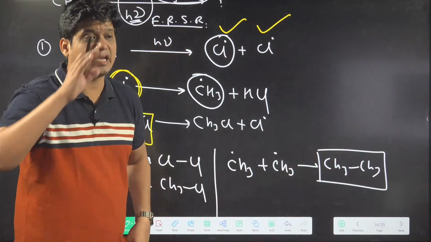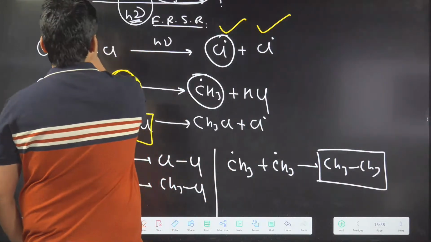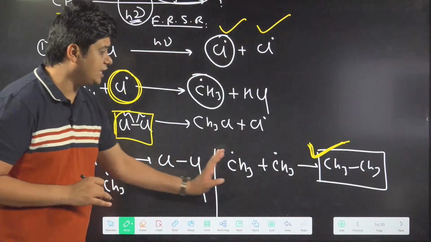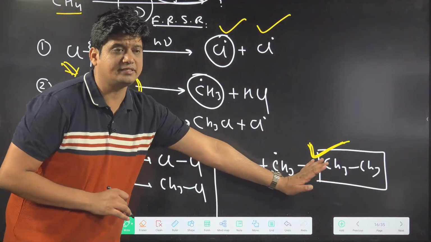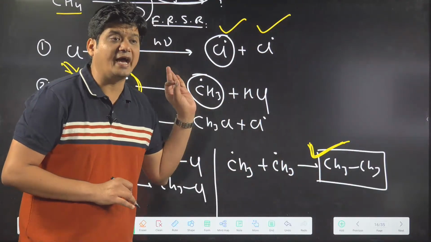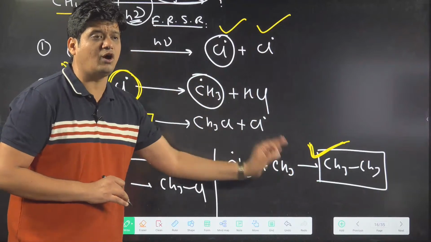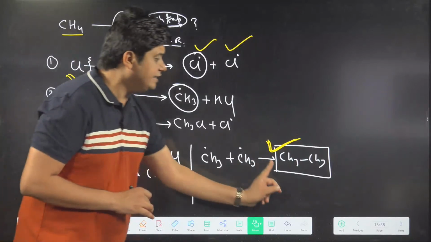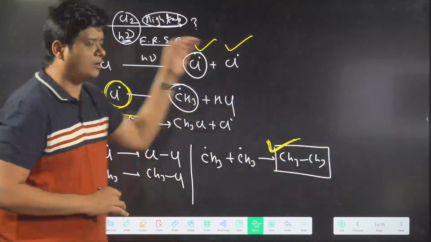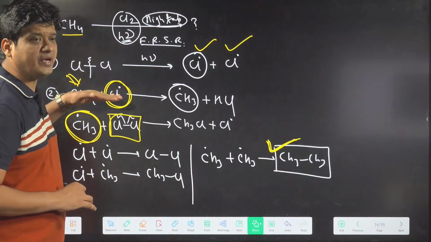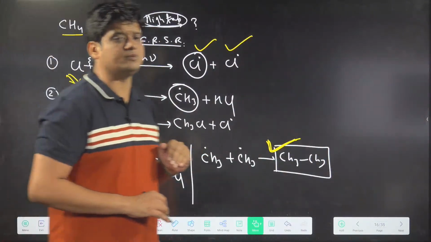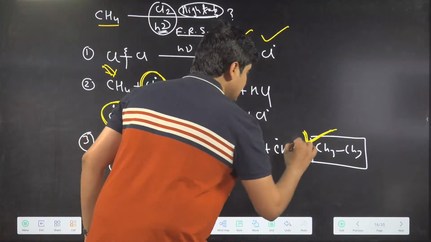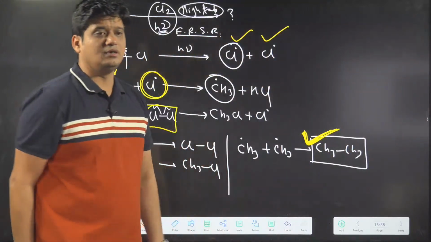So one more question they can ask: byproduct of the chlorination of methane is ethane, which is formed in, listen carefully, first option initiation, second option propagation, third option termination, fourth option it is not formed. What is the answer there? It is formed in the chain termination step. This is okay or not?